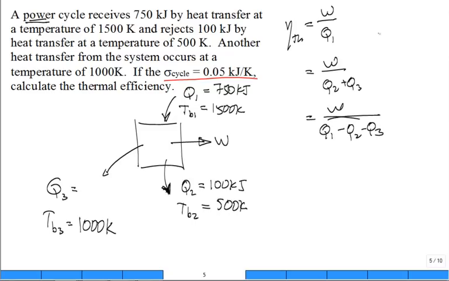Clicker answer A, B, or C. And you only have 30 seconds, no extensions. What is the thermal efficiency? Or do I need to give you more time? You have enough time?